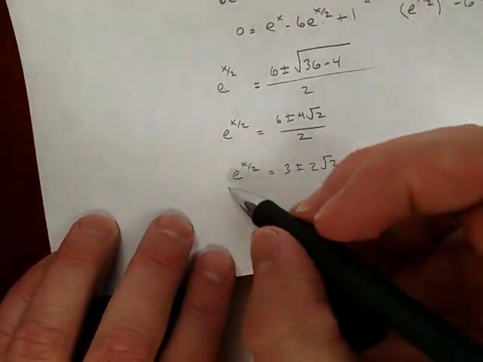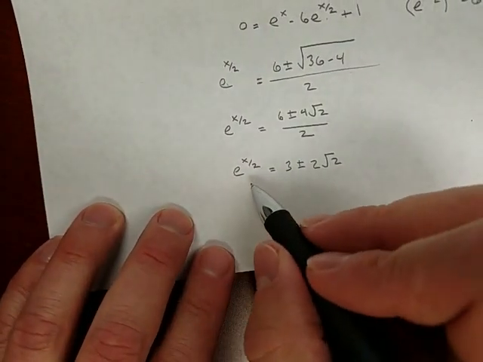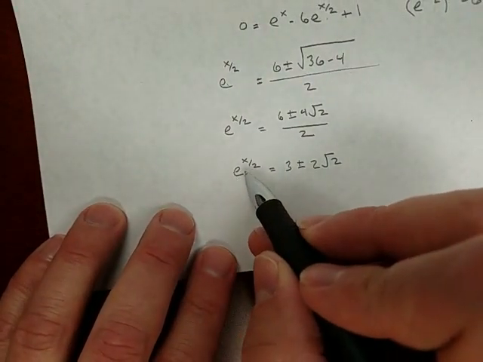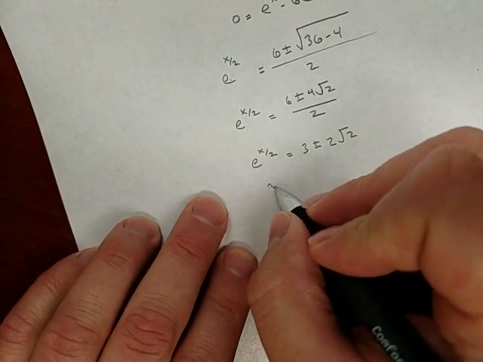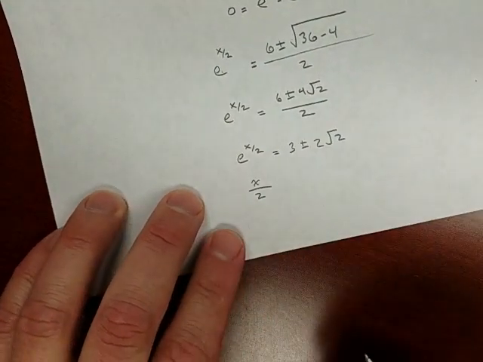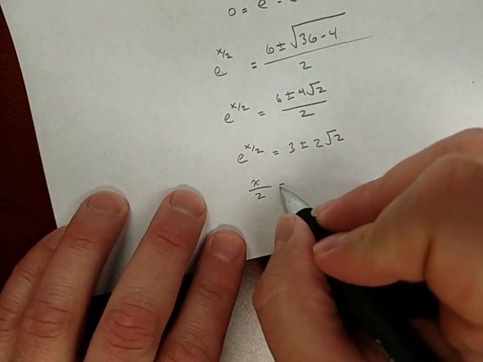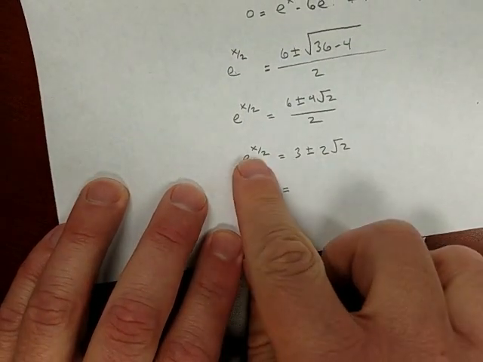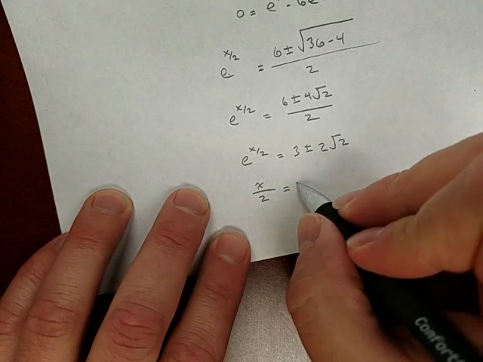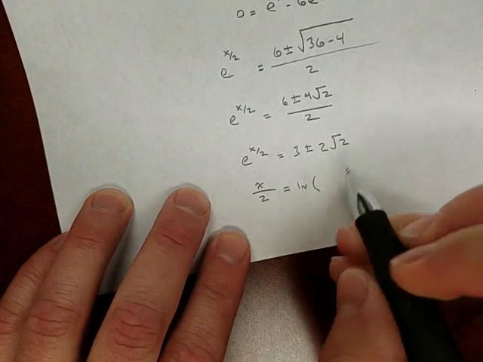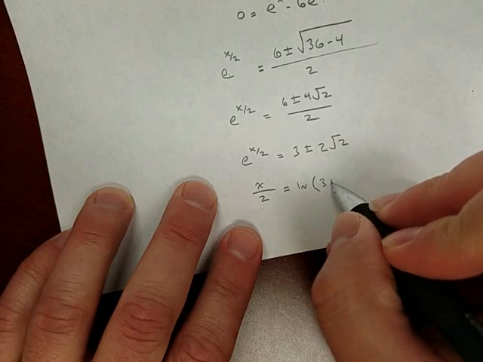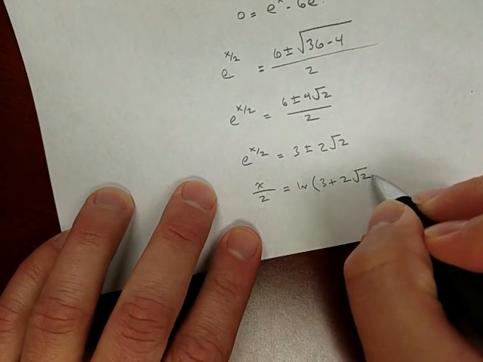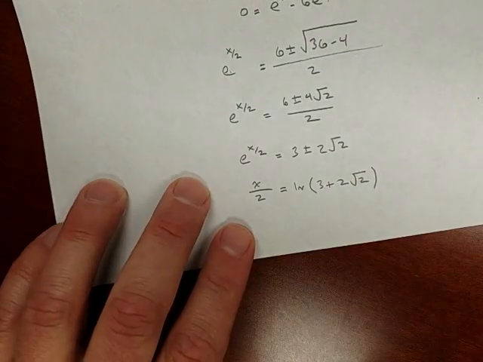But how do we get some final answer? Well, how would I solve if it says e to this power is equal to that number? I use logarithms at this point. So x over 2 is the logarithm base e, which is natural log, of 3 plus 2 root 2.